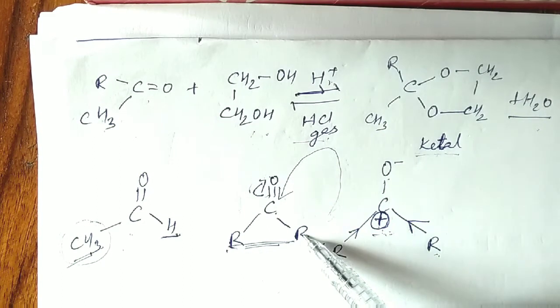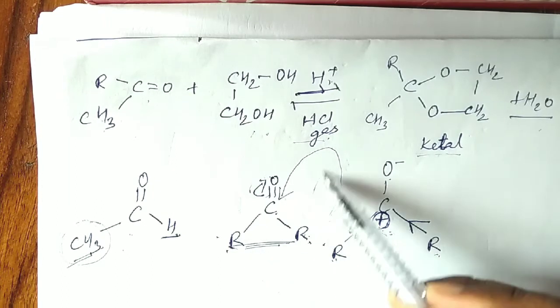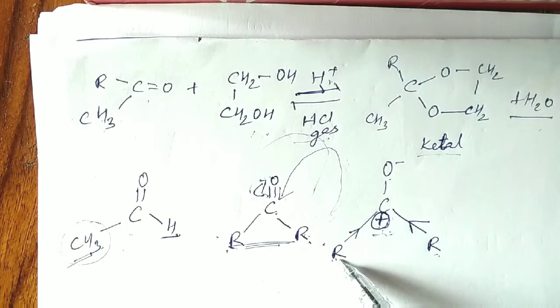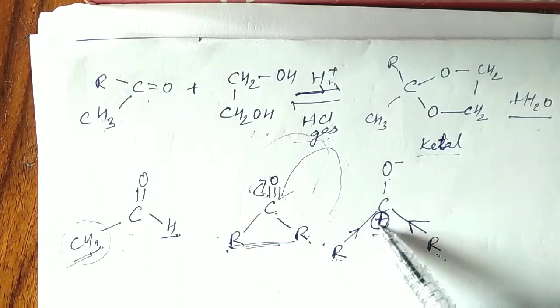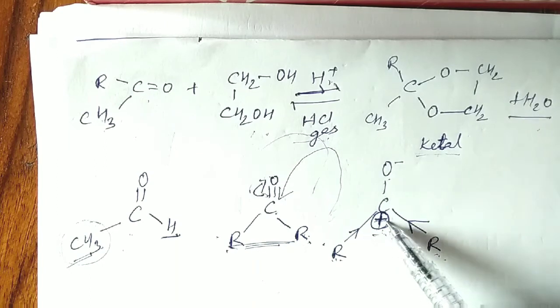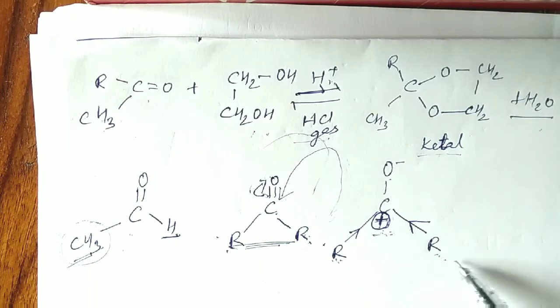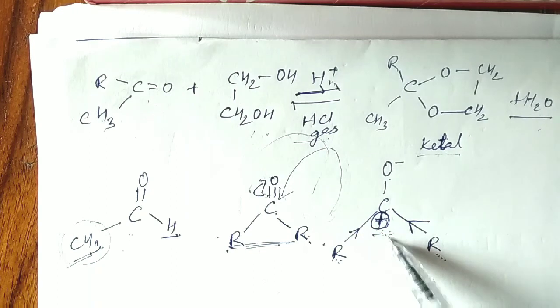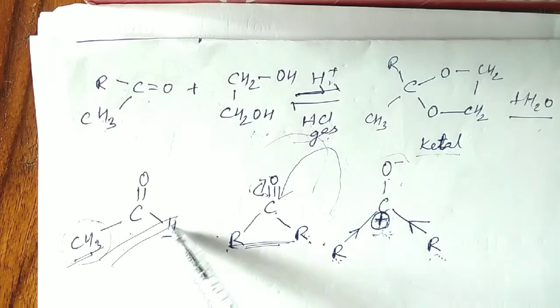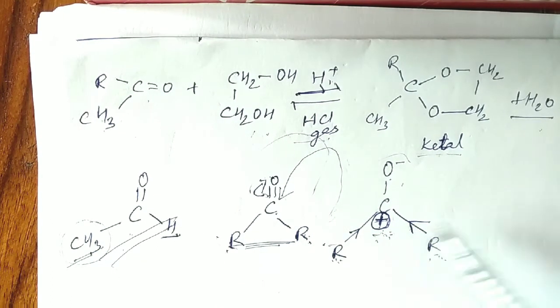One reason is the steric hindrance: two alkyl groups hinder the approach of the nucleophile to the carbon. The second reason is that due to the plus I effect of both the alkyl groups, the plus charge on carbon is reduced. Because of these two reasons, ketones are much less reactive towards nucleophilic addition reactions in comparison to aldehydes. So aldehydes are more reactive and ketones are less reactive.